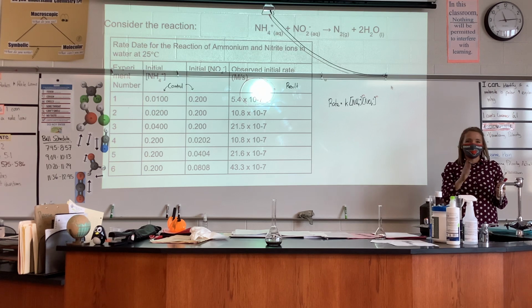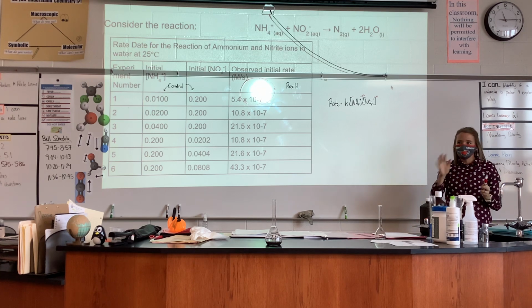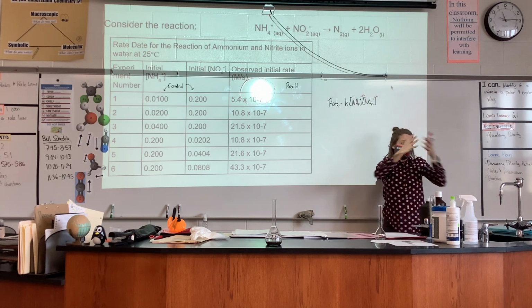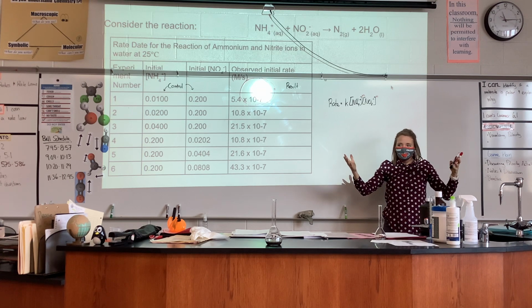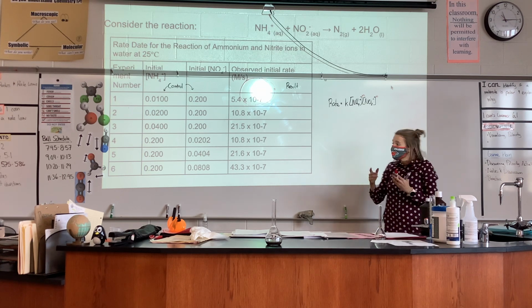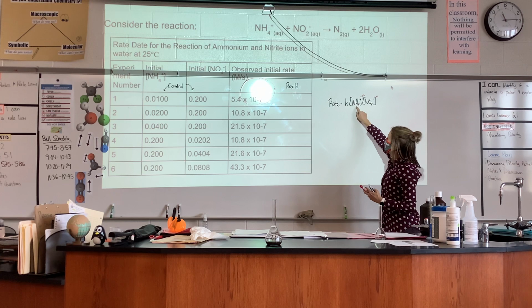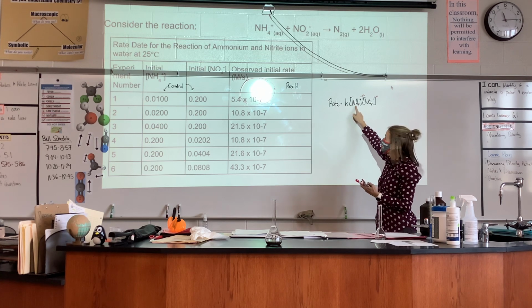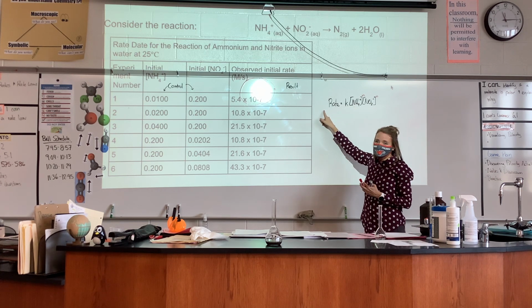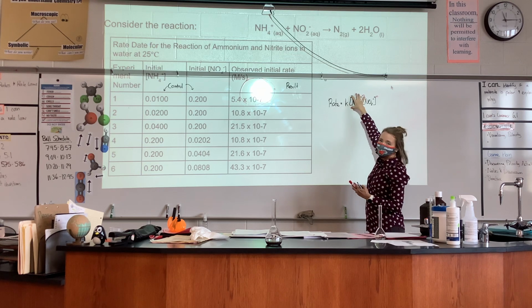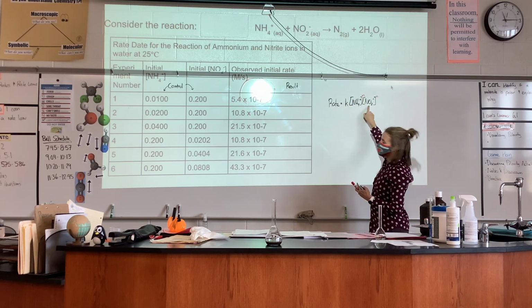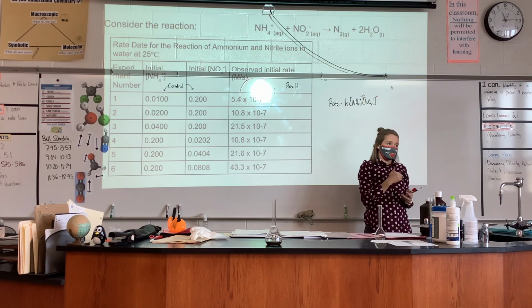Keep in mind, if a problem says find the rate law, your answer should be a whole equation. It's not a number. So we want to find how NH4+ affects the rate. I'm starting by focusing on one, which means I want to keep the other one constant.